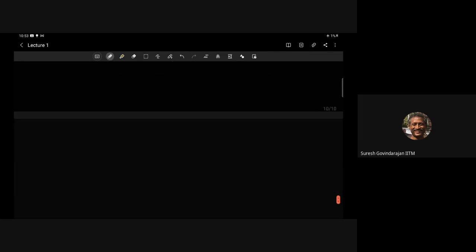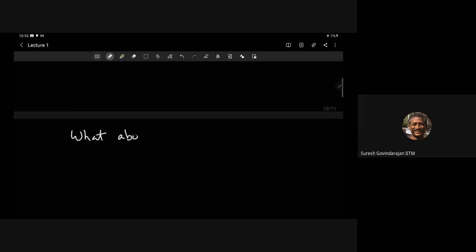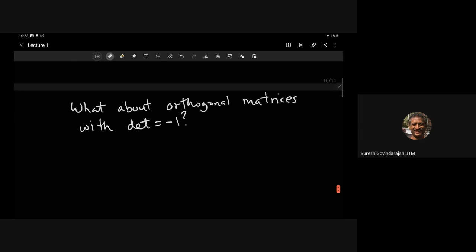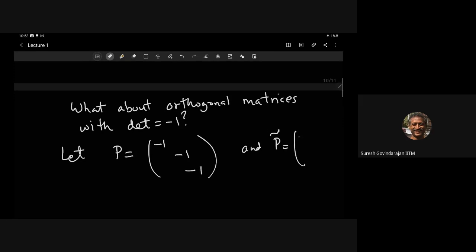So that covers rotation matrices. But what about orthogonal matrices? Okay, so let P be the following matrix, and P tilde be the matrix minus 1, 1, 1.